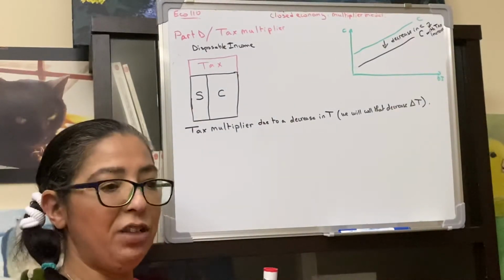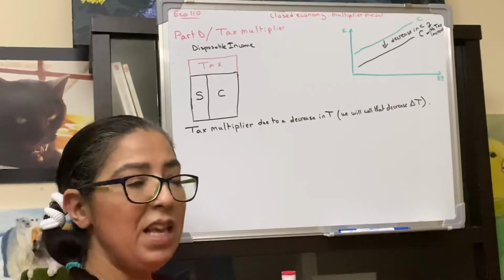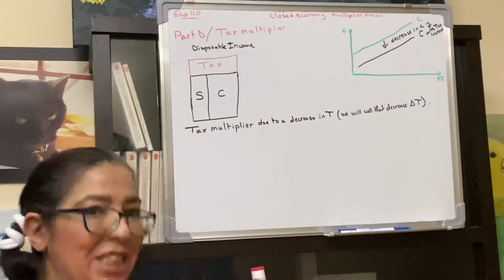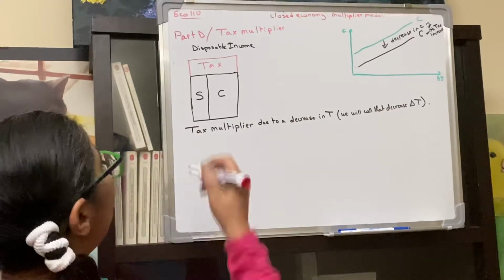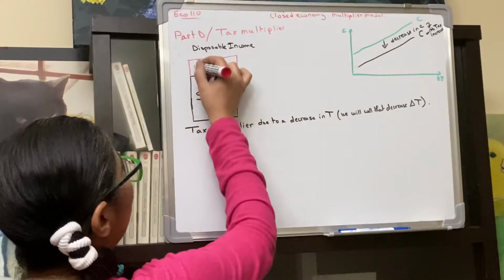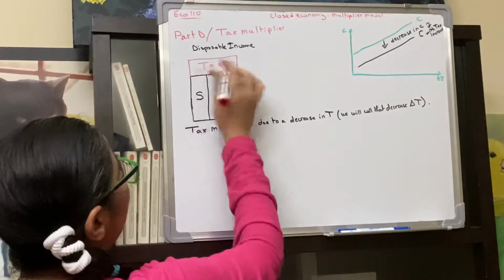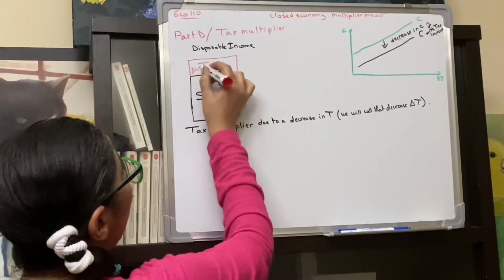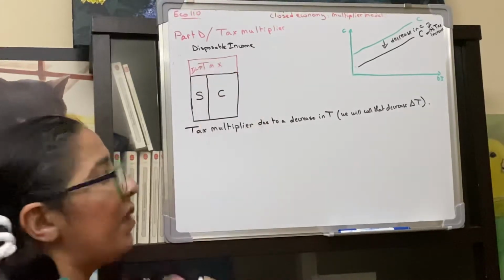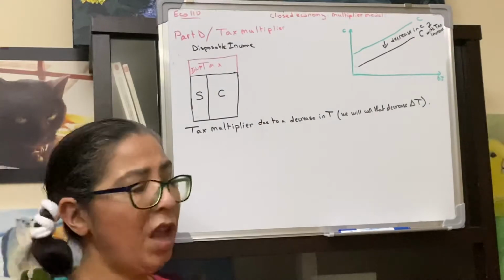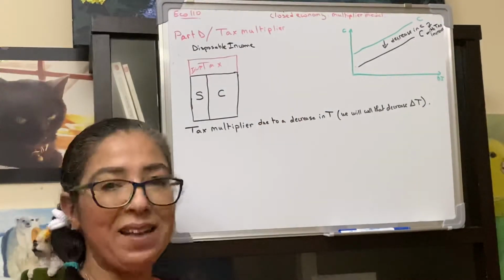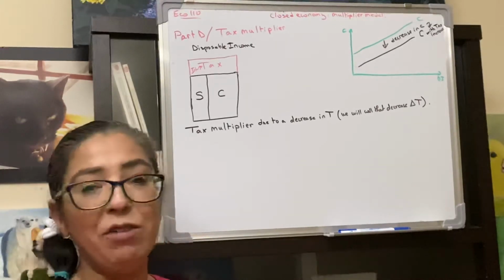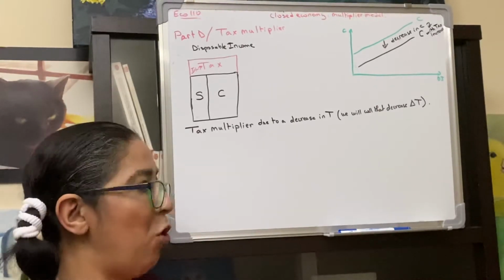So instead of the government imposing a tax, the government told me you're going to pay less taxes. So I'm decreasing the taxes so that it increases my income. I hope you follow me. You're not paying tax anymore, so you're increasing your income by the amount that you're not giving to the government anymore.